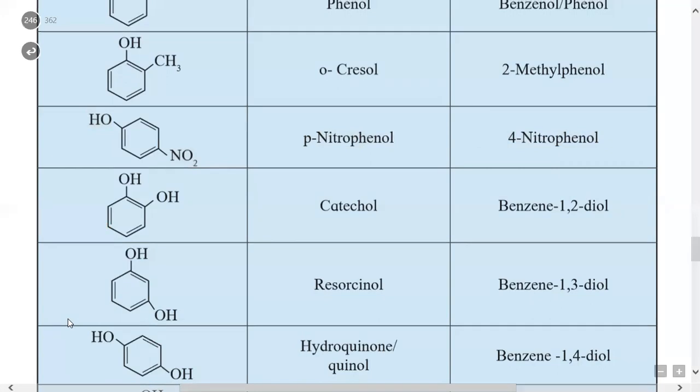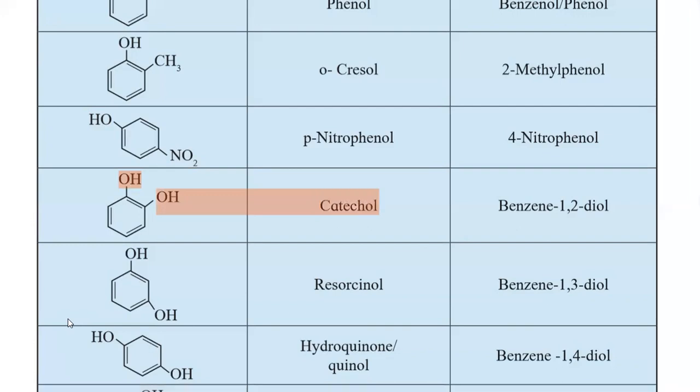Then the next example is a phenol containing 2 OH groups. This is commonly called catechol, and the IUPAC name is similar to alcohol. This is a dihydric phenol. So we had studied how names of dihydric alcohols are given.